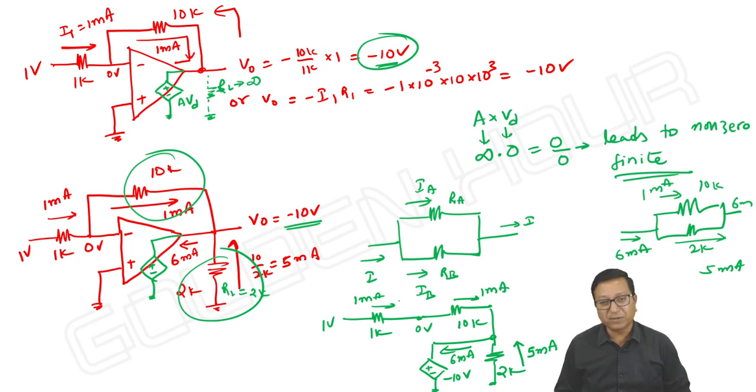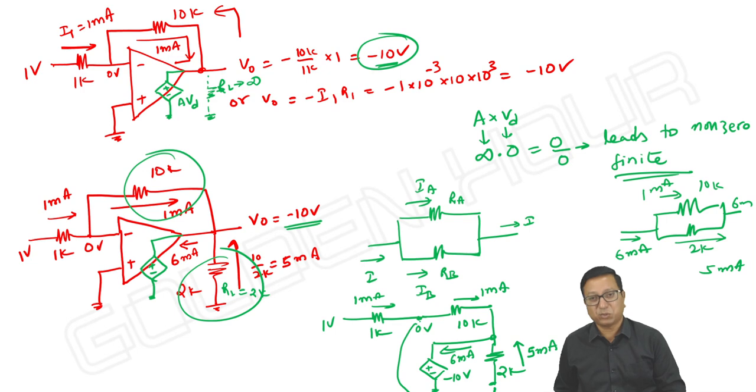Do you see such a scenario here? If that is the case, this and this should be shorted. Is it so? Definitely not. You cannot short them. It is a coincidence that the voltage across 10K is equal to the voltage across 2K. It doesn't mean that 10K is parallel with 2K.